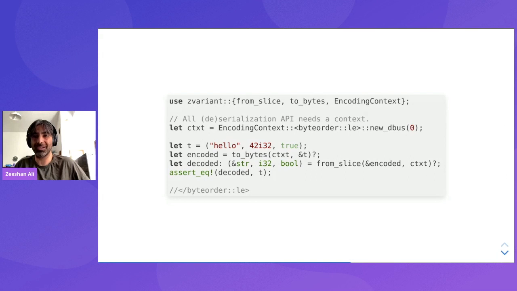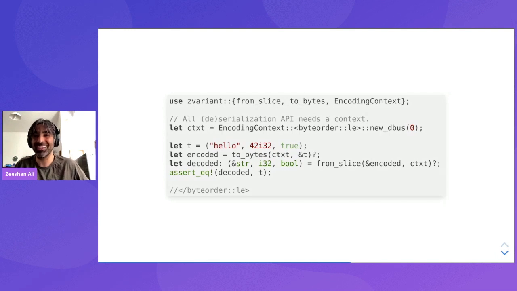I cannot serialize and deserialize without that. So that is why you have one more requirement, but we provide a macro to implement that, so you don't have to worry about it. For most types, you just use the macro, and we will do the handling for you. So in general, it's as simple as the usual Serde workflow.